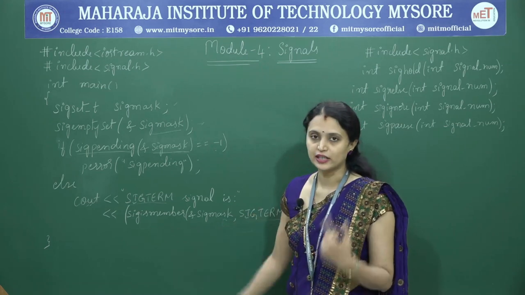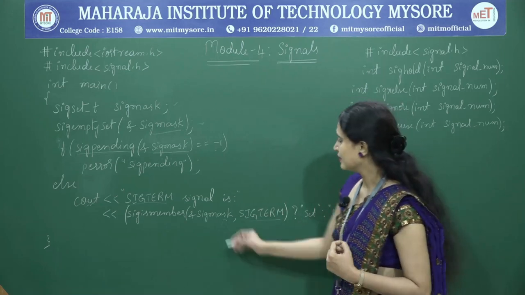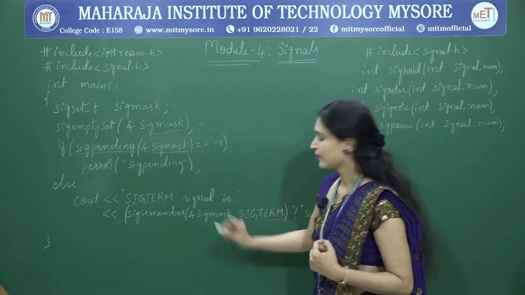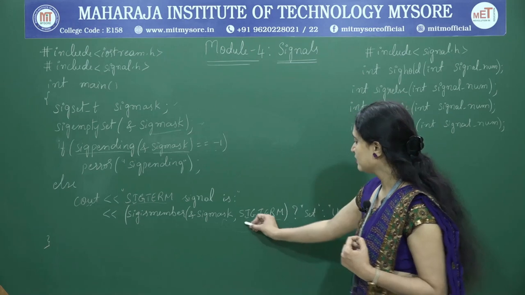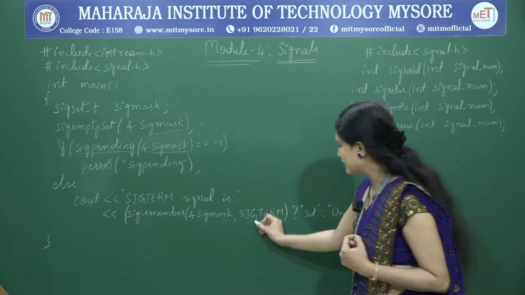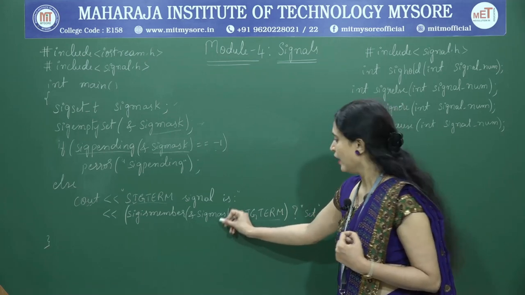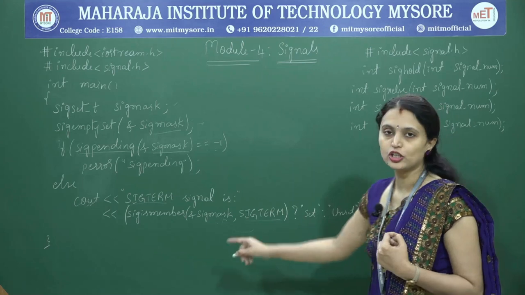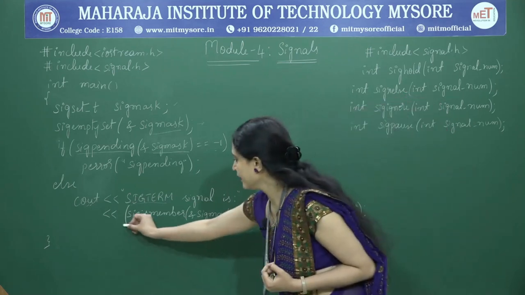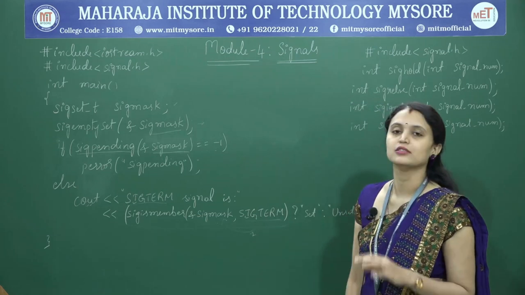Here we are checking that by using this sigismember API. We are passing this sigmask variable, and next I am checking the SIGTERM signal. If this is present inside this sigmask, then I am making use of this conditional operator, so the complete expression will become 1, that means it returns true.